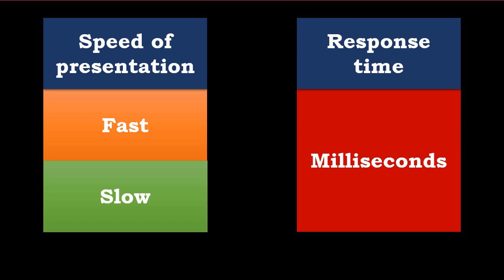So when it appears, they have to respond, and the response time, or the time between the appearance of the stimulus and the response, is measured in milliseconds. So in the independent variable, we've got two conditions: fast presentation of the stimuli and slow presentation of the stimuli. And the same group of participants is exposed to both conditions. So we are going to obtain measures in milliseconds in the fast condition and in the slow condition in each participant.